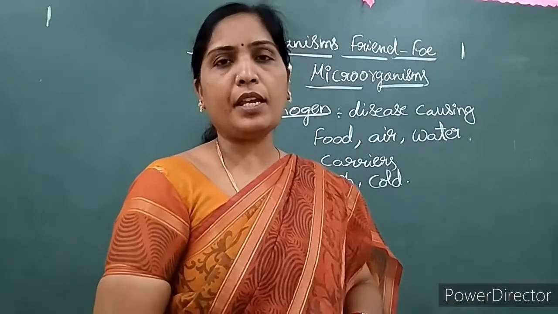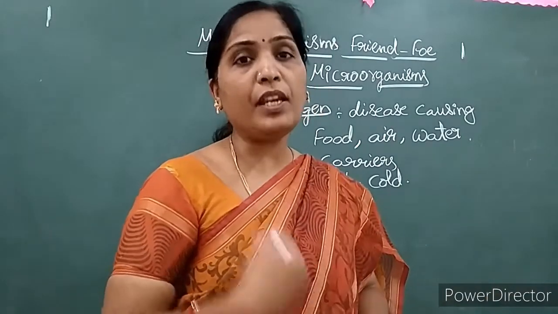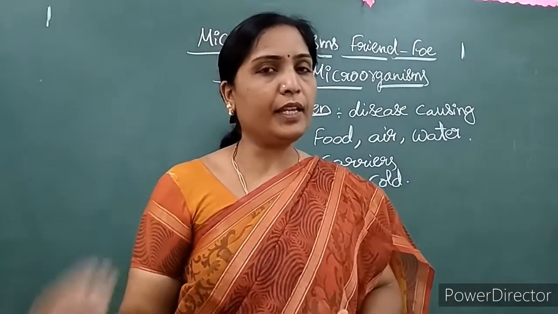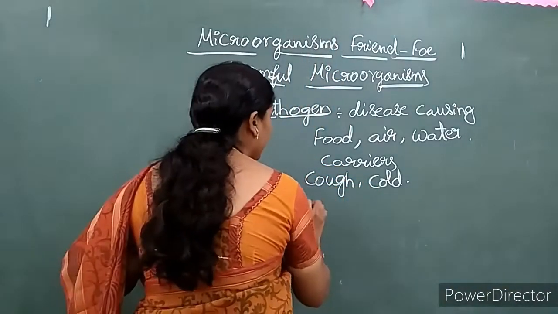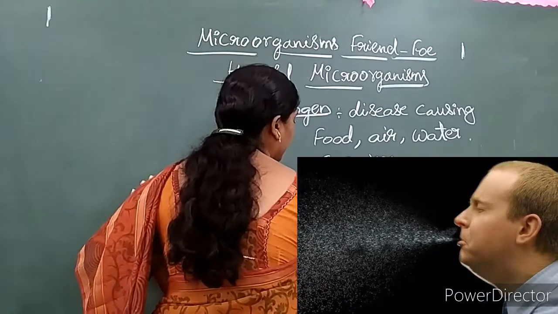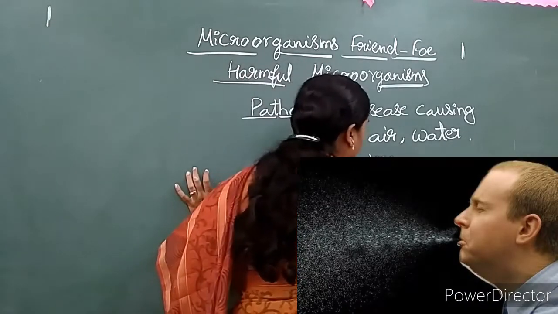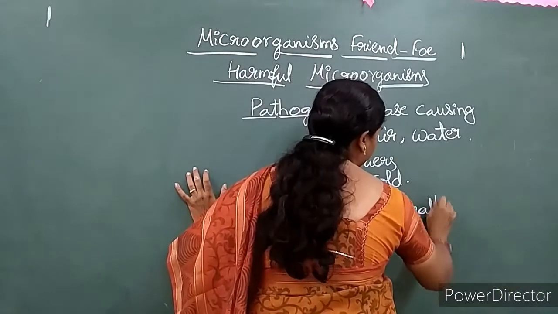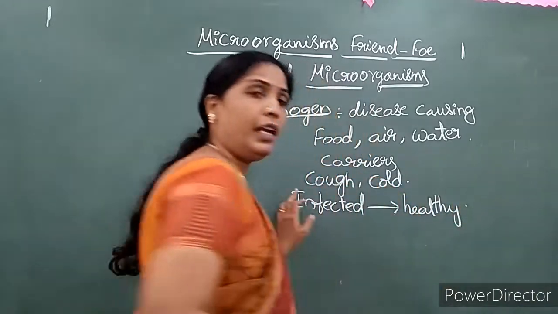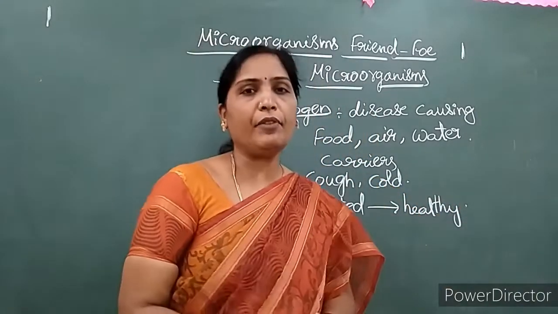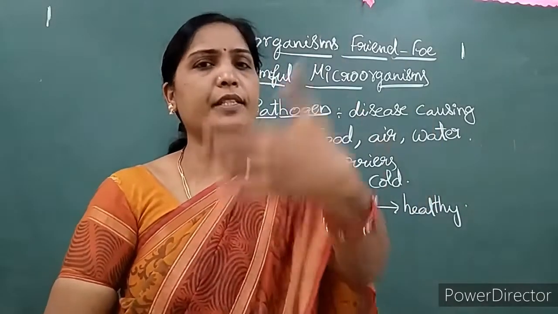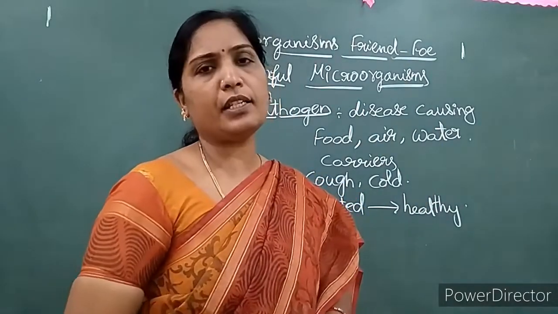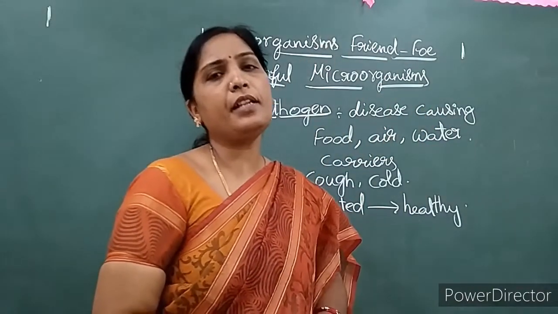When a healthy person inhales the same air, the germs may travel from the infected person to the healthy person. When they cough or sneeze outside, the droplets spread in the air.